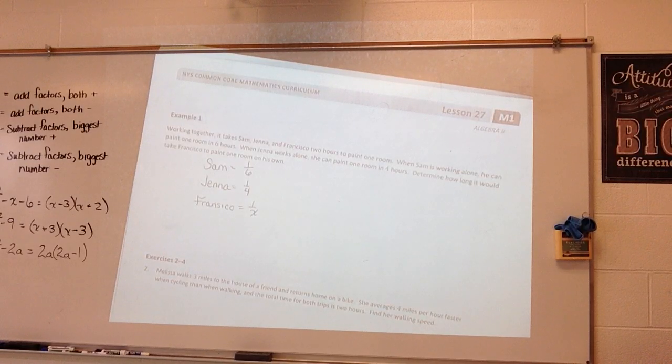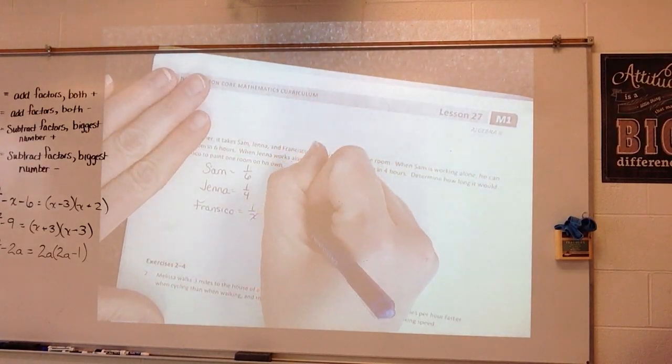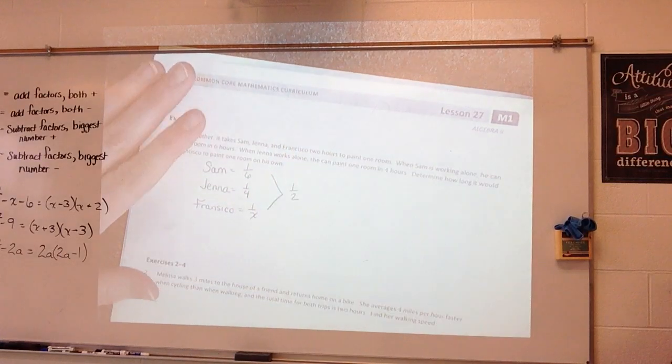So all three can paint half a room in 1 hour. It takes 2 hours to paint one room, then in 1 hour they can paint half the room. So all together they can paint half the room.